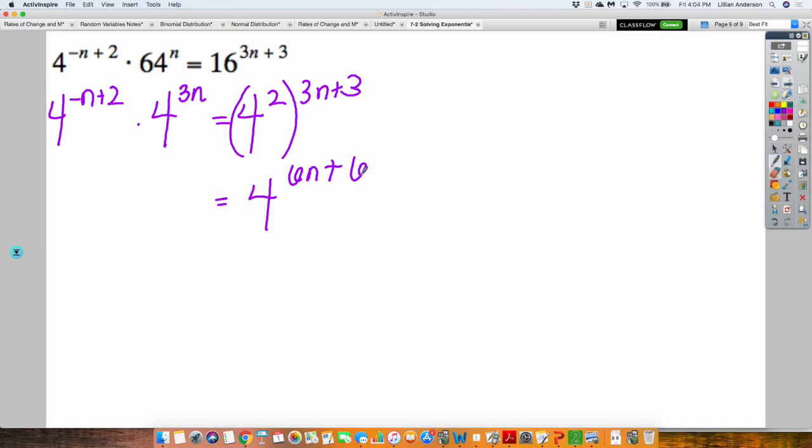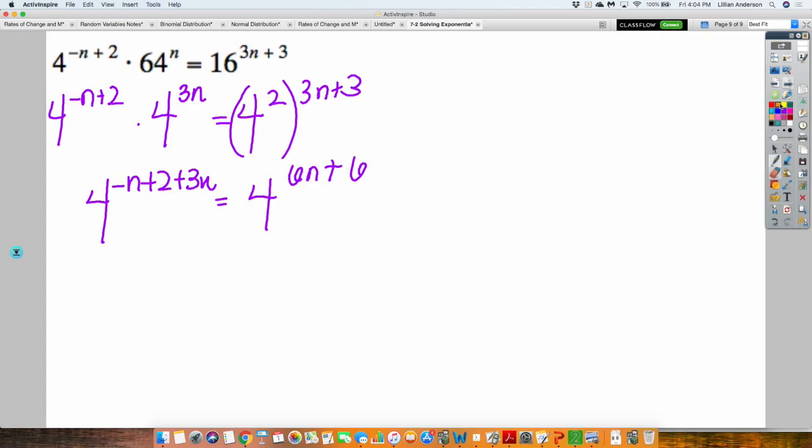Product property says that when you have the same base and they're being multiplied, you add the exponents. So then this becomes negative n plus 2 plus 3n. And only at this point can I drop the bases and set the exponents equal to each other.